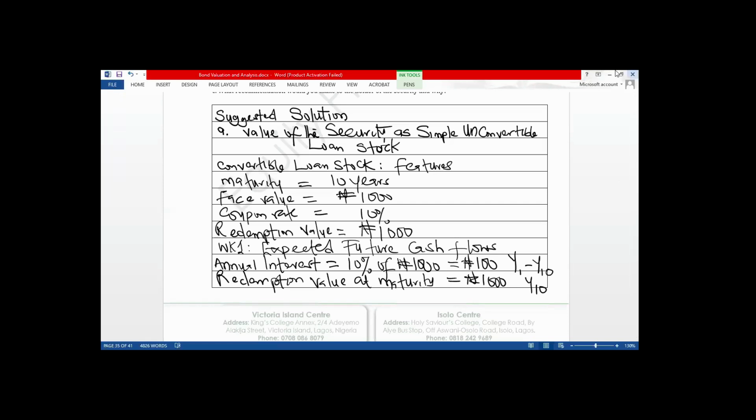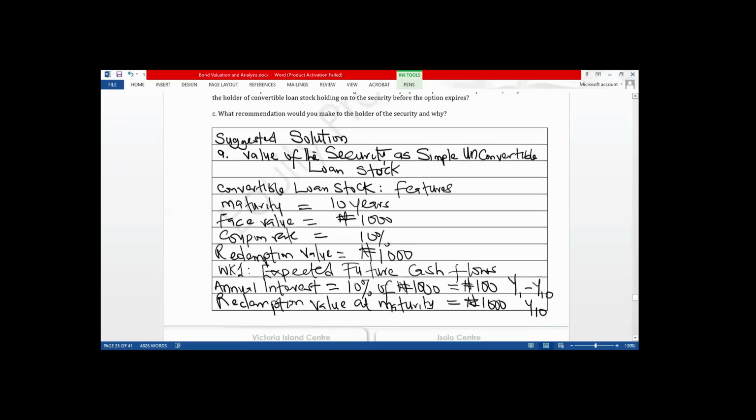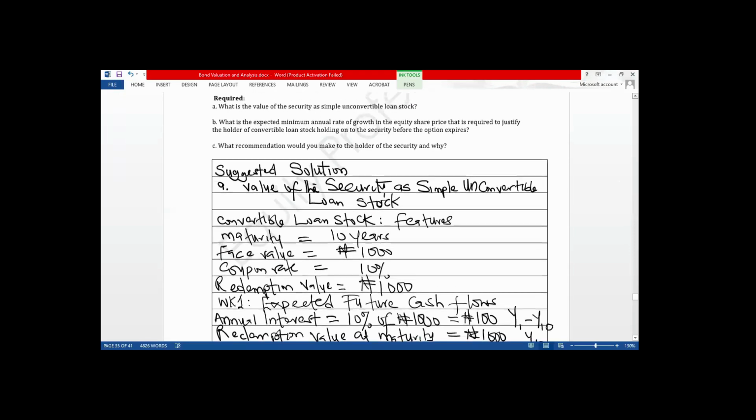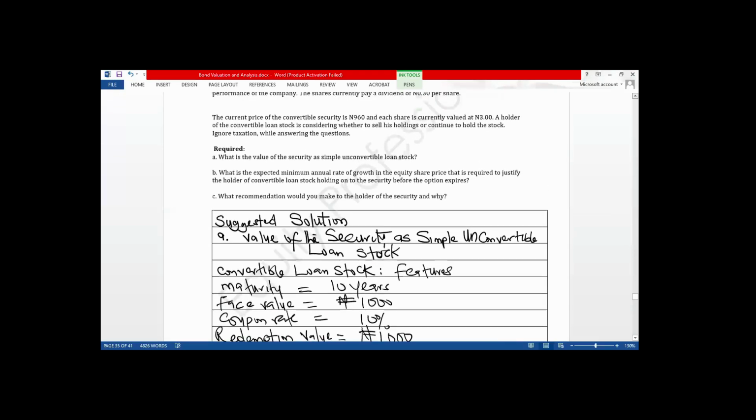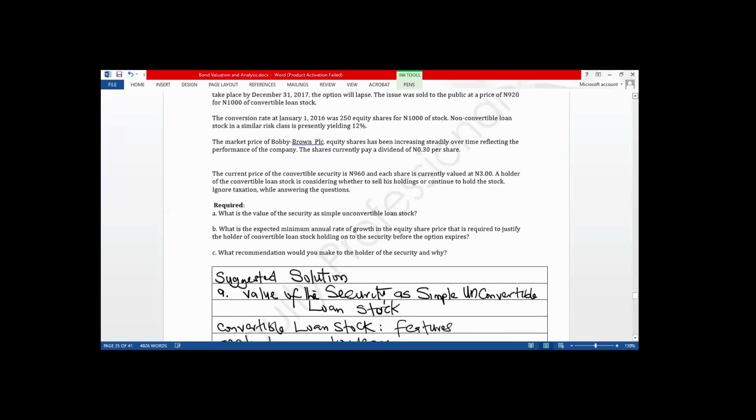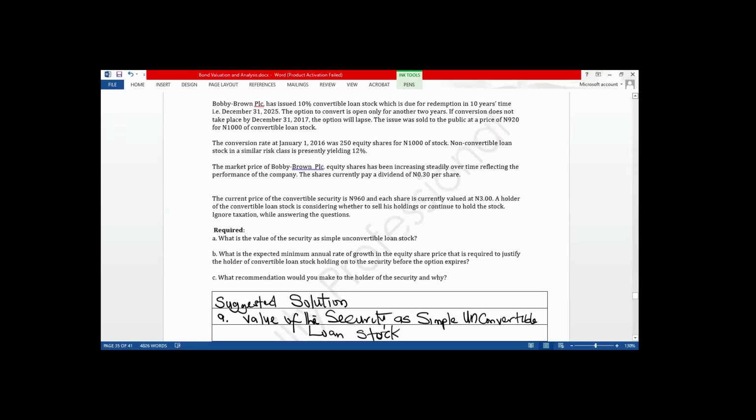Let us go back to the question. Examiner gives us a rate. Now look at paragraph 2, the second paragraph of the question.